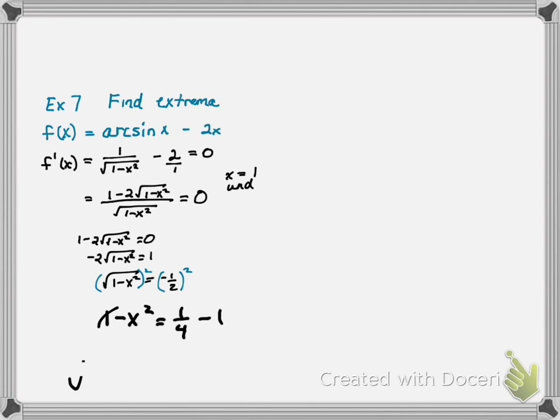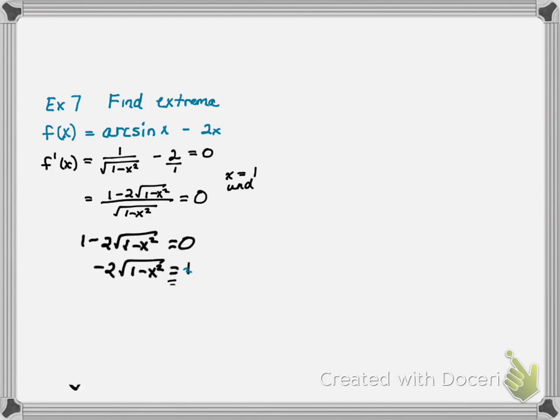Oh, you know what? I just noticed something. I think I missed something back here. When I moved my 1 over, I didn't change my sign. Let's make that big again. All right.